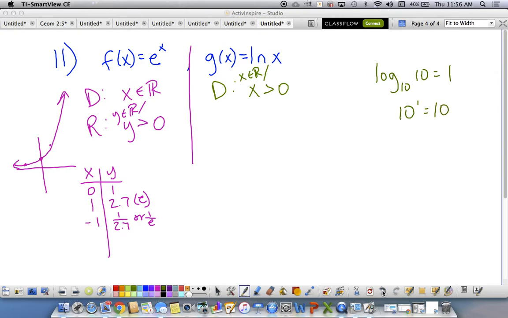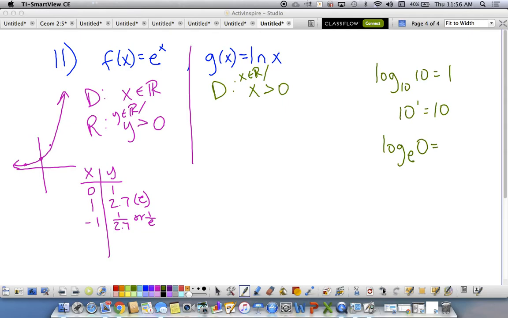Okay, so here we have log base e, and if I put a number here, what's that going to equal? What raised to e is going to equal 0? Nothing.